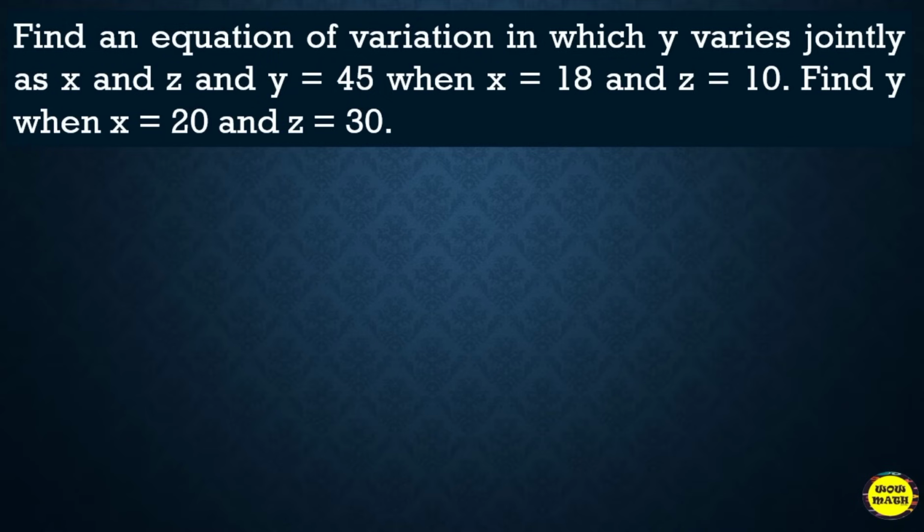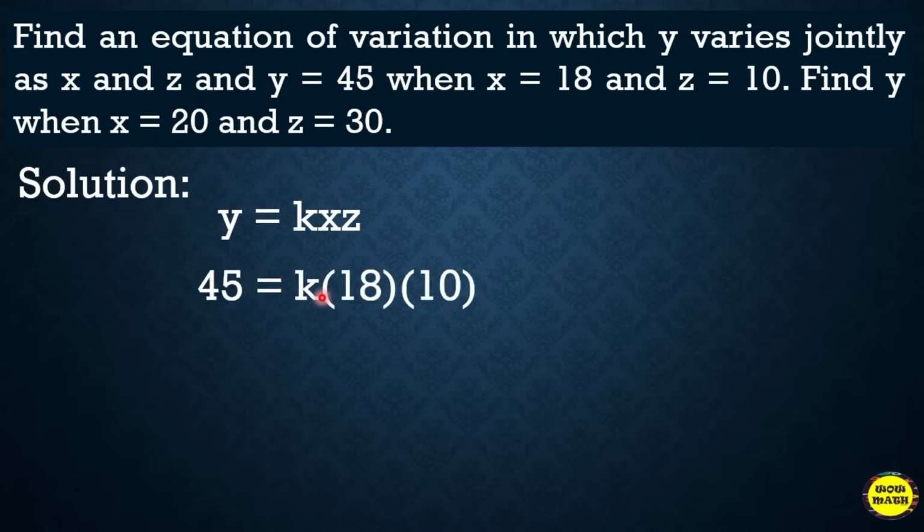So, bago natin makuha yung value ng y, kailangan muna natin kunin yung equation of variation. So, ganun ulit. Translate natin yung mathematical statement na y varies jointly as x and z. So, y is equal to kxz, and then substitute natin yung value ng y, x, and z.